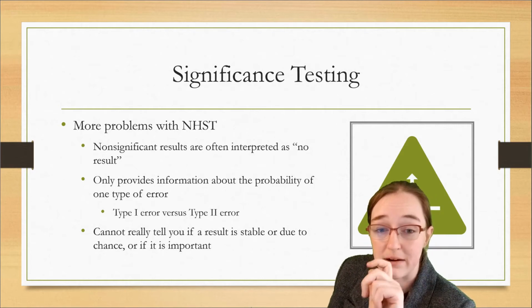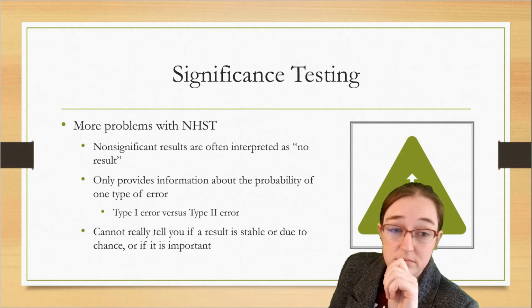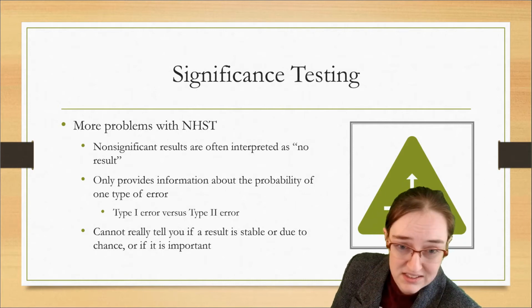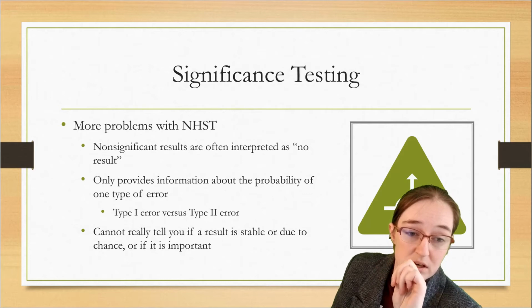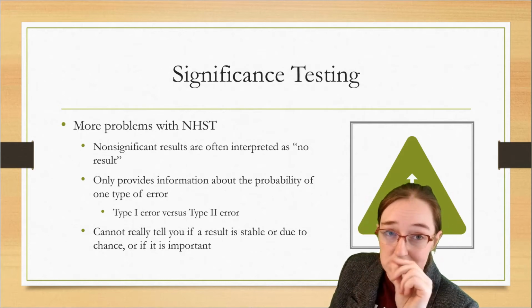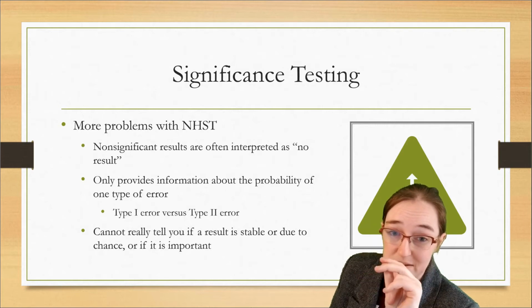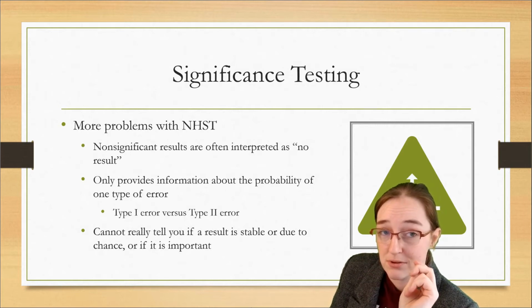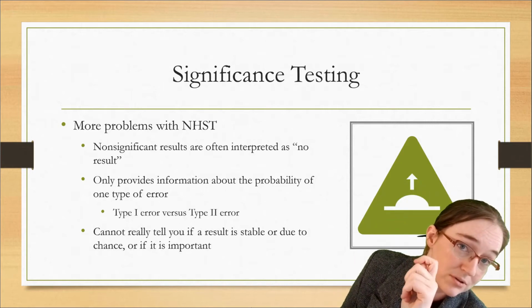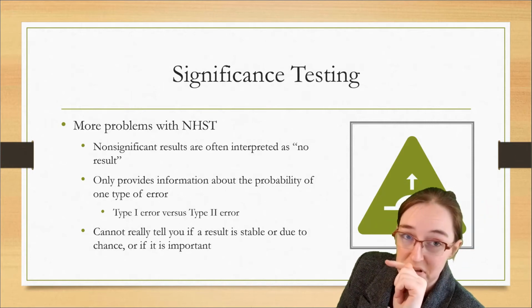Now type 2 error is deciding that a variable doesn't have an effect on a relationship when it actually does. So in this case it's the flip. You say that it's not true, but it's actually real.